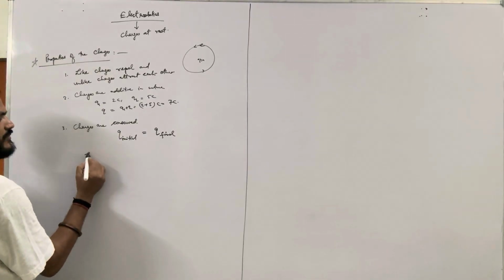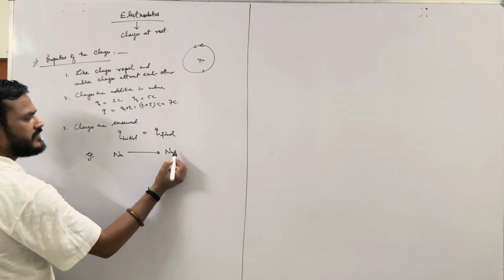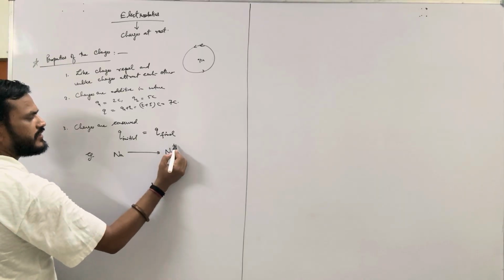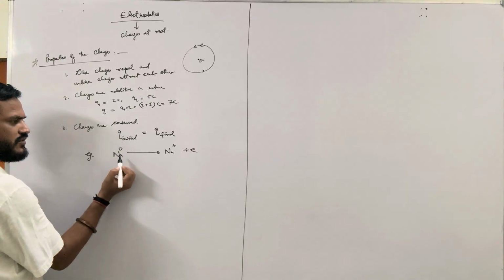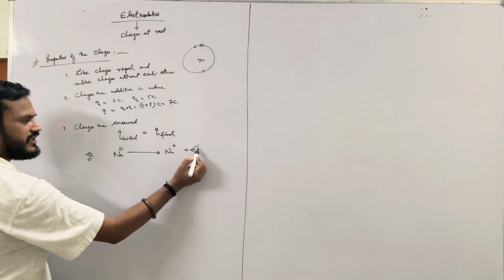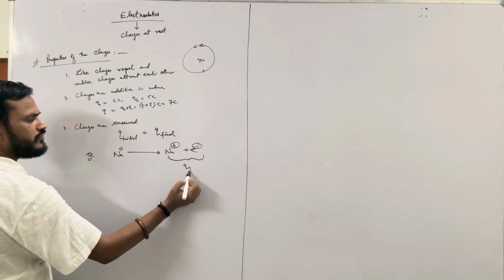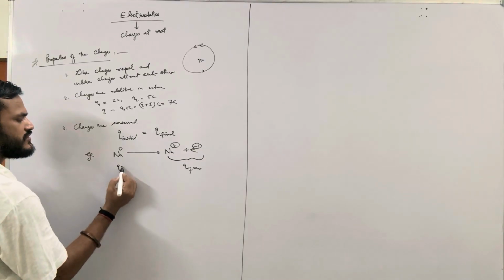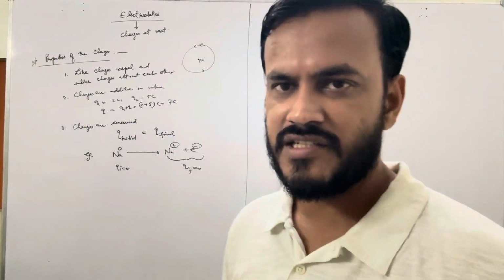For example, if you take the ionization of sodium, it gives you sodium plus and one electron. So the total initial charge is 0, and the total final charge, if you calculate, minus 1 plus 1, is 0. So Q final is 0 and Q initial is also 0.